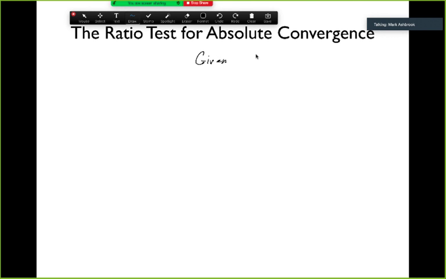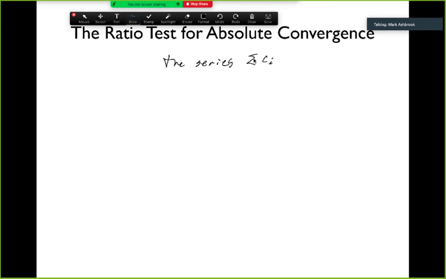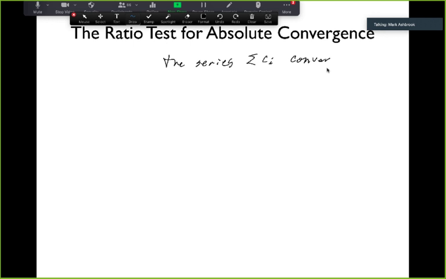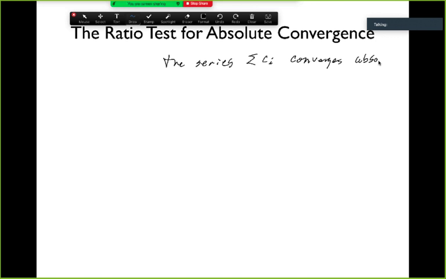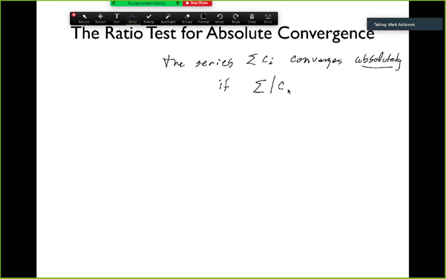All right, so given a series, call it c_i like this, let's say the series converges absolutely if you make all the terms positive.